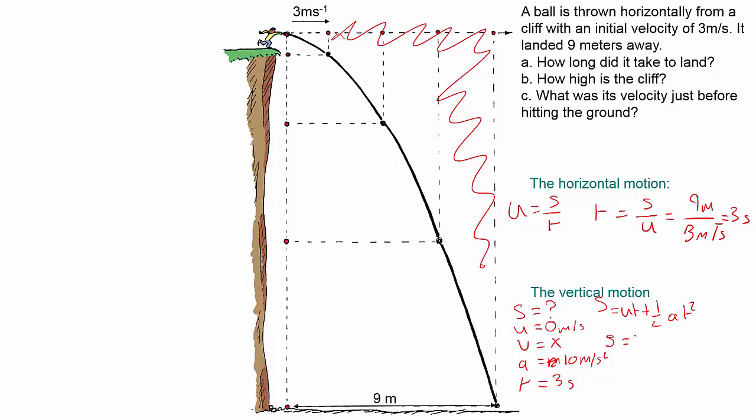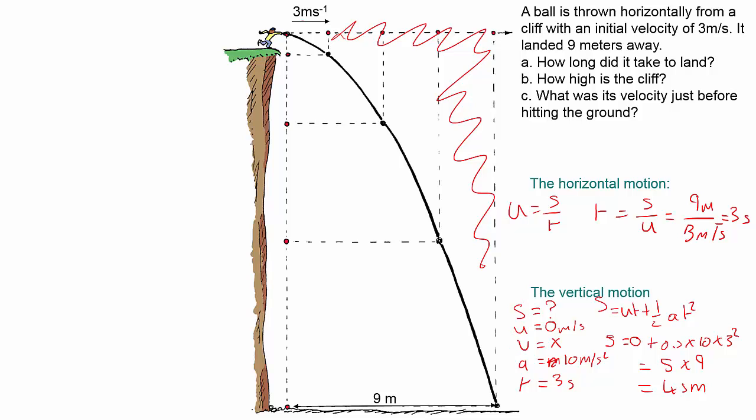S is the subject of the equation, so we can just plug the numbers straight in. So ut is 0 plus 0.5 times by 10 times by 3 squared. So that's equal to 5 times by 9. So that's equal to 45 meters.